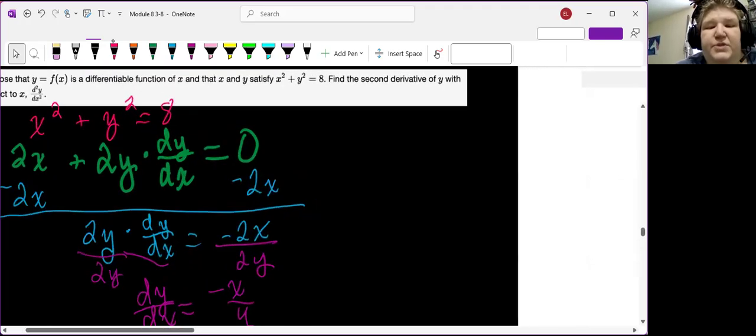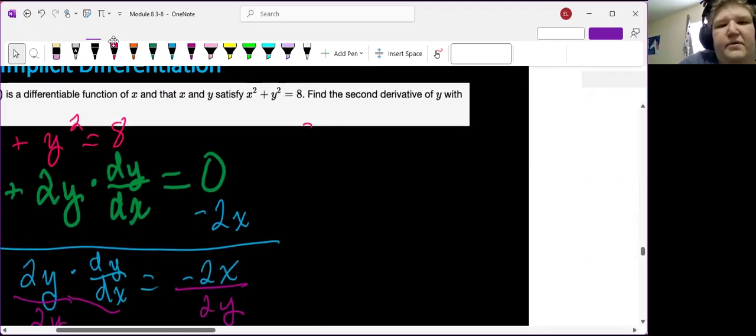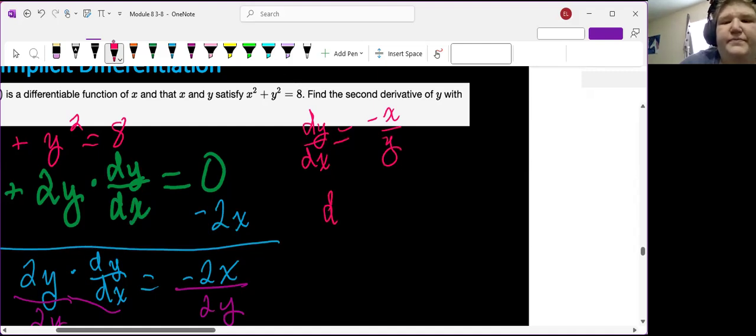All right. So I'm just going to go ahead and rewrite it here. So when you take the derivative of a derivative with respect to x, you end up with dx of whatever you're taking the derivative of, which in this case is already a dy dx.